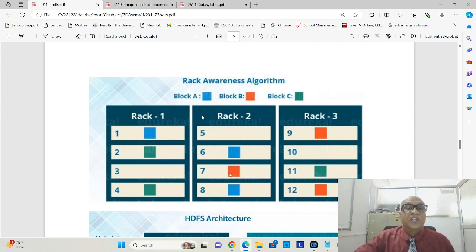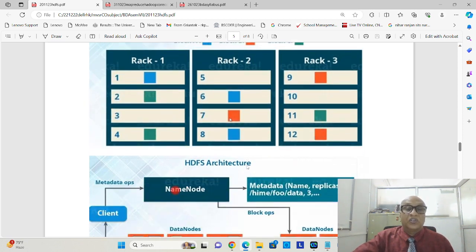Say for example here block A, block B, block C, you're seeing them color coded. Block A is in node 1 of rack 1, as well as block A is in node 6 of rack 2. Similarly, block 1 is on the same rack 2, node 8. So this is how the rack awareness algorithm helps in keeping track of the replication as well as the blocks.